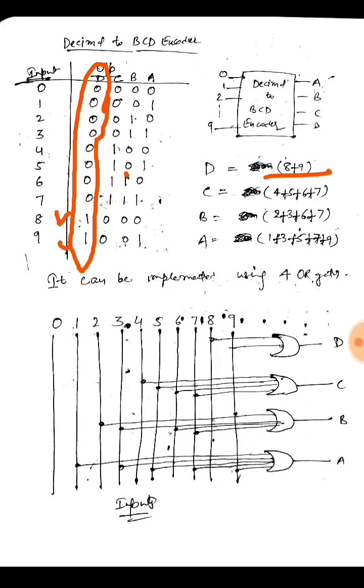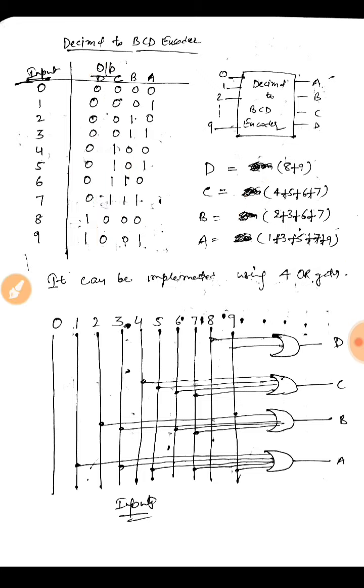Similarly C would be 4 plus 5 plus 6 plus 7, where these 0 to 9 are my input digits. Similarly, B can be 2 plus 3 plus 6 plus 7, and A would be 1 plus 3 plus 5 plus 7 plus 9, which you can easily see using this truth table, which is nothing but the binary representation of decimal numbers. So it can be implemented using these 4 OR gates.